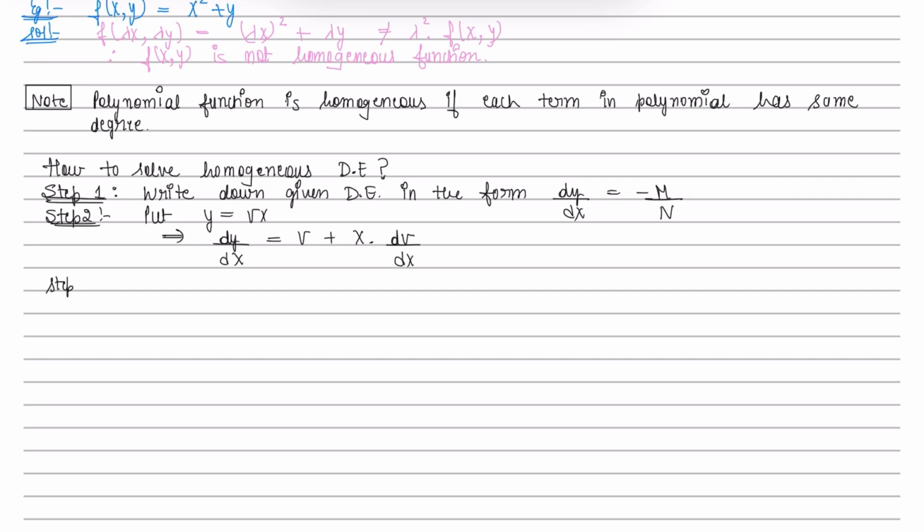And in step number 3, we will put these substitutions in step number 1, then it will be reduced to variable separable form.